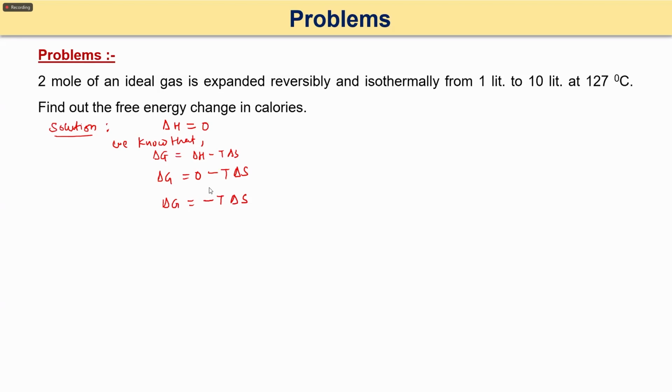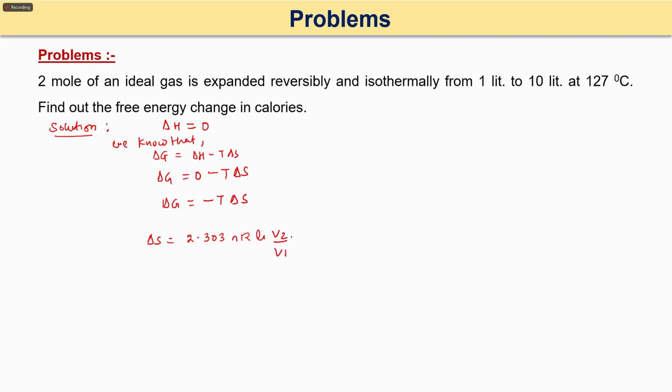So now we have to calculate the entropy change because we don't know the value of delta S. In order to calculate delta S, we have the formula that delta S is equal to 2.303 nR log V2 by V1.